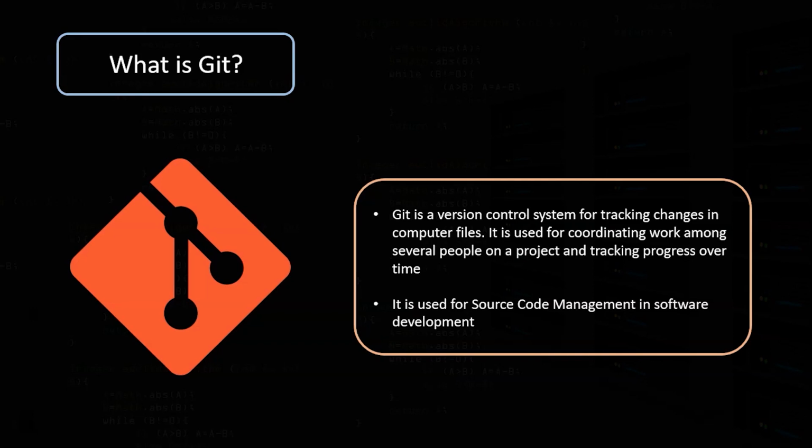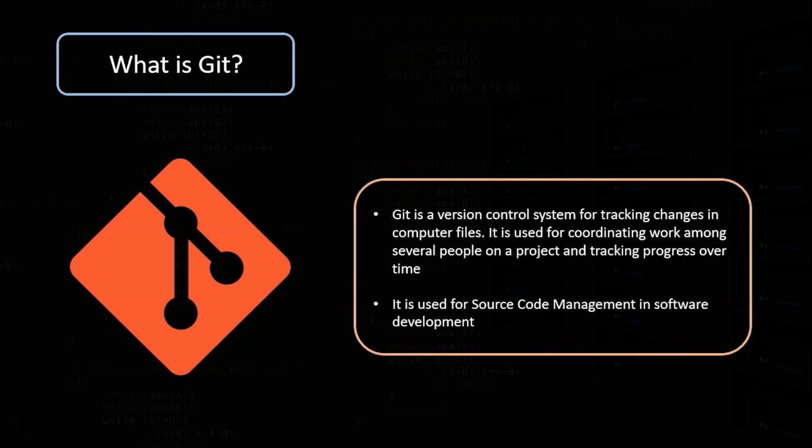The main purpose of using this tool is to perform better coordination of the work among the different people and developers, and also to properly track the progress of the project. Using the repository, over a period of time you can track how the different commits are happening and how the source code modifications are being done.